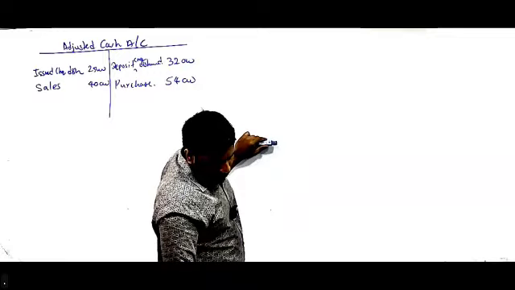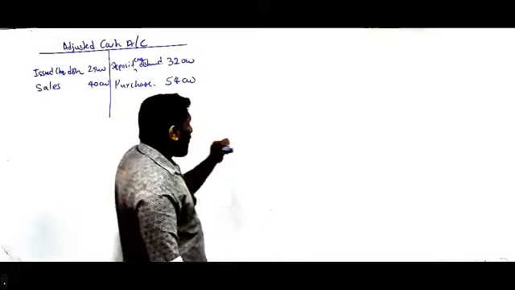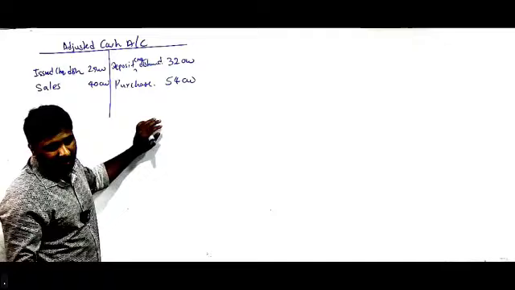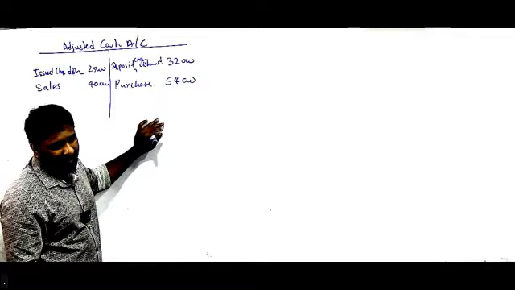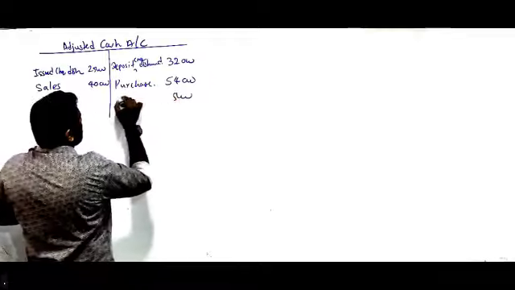And they have given the following items that are not included in our accounts. Overdraft interest, cash outflow. How much is that? 5,000. OD interest.